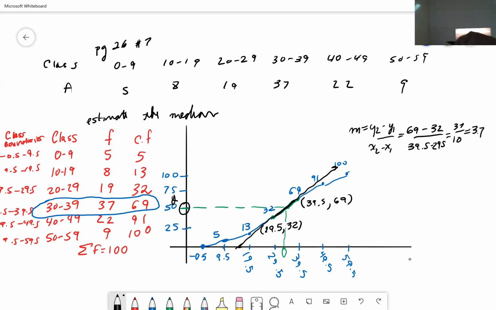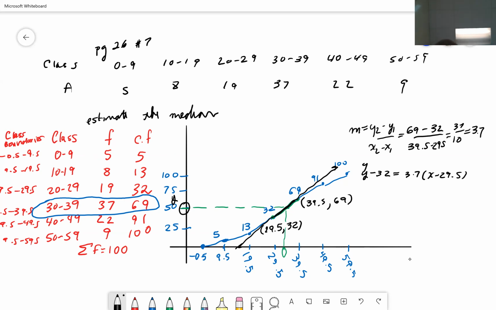So we're almost there. Let me make sure everybody sees everything. So now we're going to go ahead and do our point slope form, right? I'll pick one of the points. Doesn't matter which one you pick. I'll do y minus 32 equals 3.7 times x minus 29.5.